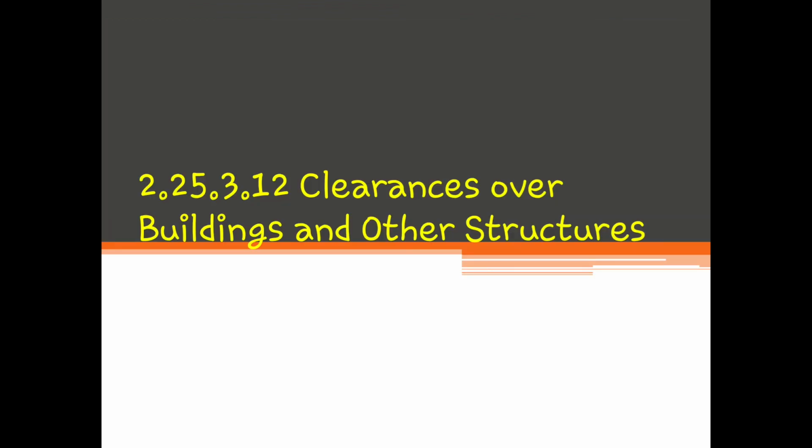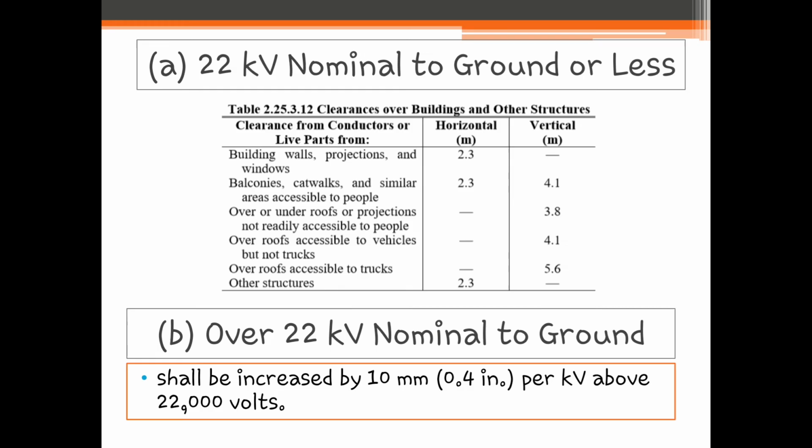Next is clearance over buildings and other structures. For 22 kilovolts nominal to ground or less, the clearance over buildings and other structure for conductors and live parts up to 22 kilovolts nominal to ground or less shall not be less than the values shown below.